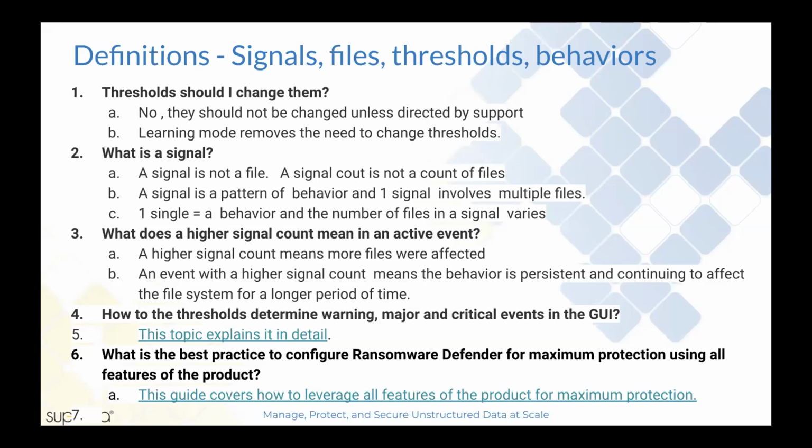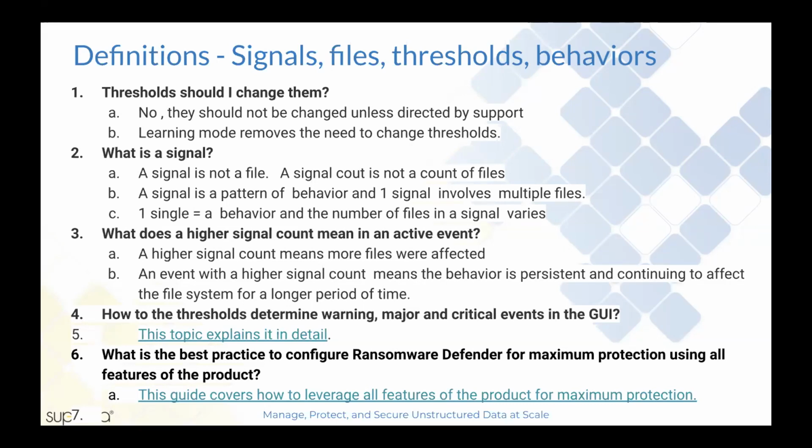That does add to when an action would be taken against that user. So that's the warning, major, or critical threshold. The more signals, the more likely a lockout is going to occur, and a particular user can trigger more than one behavior.